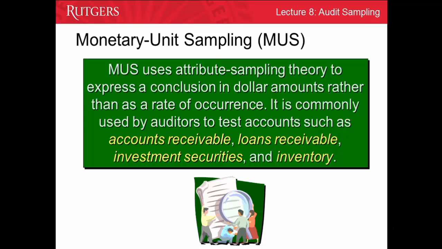Monetary unit sampling, or MUS as we call it, was developed by auditors to overcome the computational complexity of other statistical sampling techniques, and because most accounting populations contain relatively little misstatement.